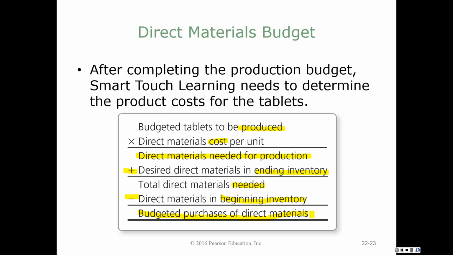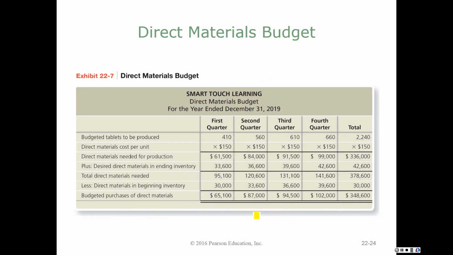Okay, so this is important to us in determining cost, but as we will see later as we begin the financial budgets, even though this is the cost of materials, we may not actually spend this amount in cash. All right, we'll look at that in a later objective. So to give you an example of the direct materials budget, the budgeted tablets to be produced came from our production budget. So if we were using Excel, we would simply pull these numbers from that production budget.